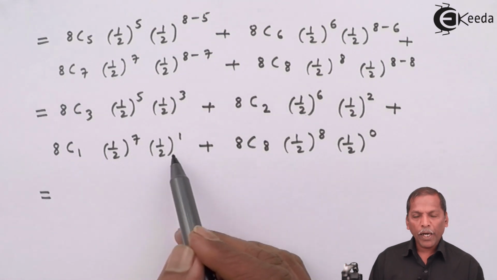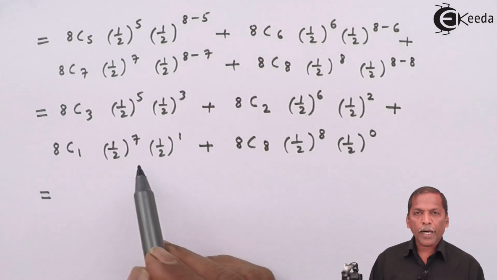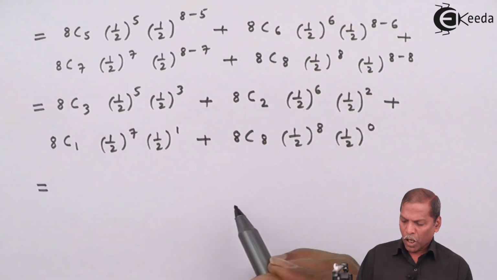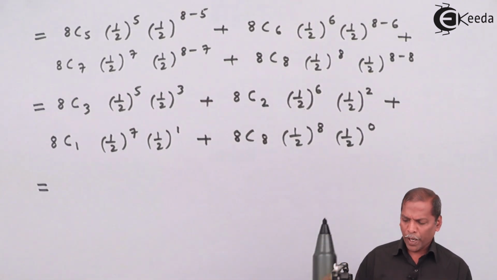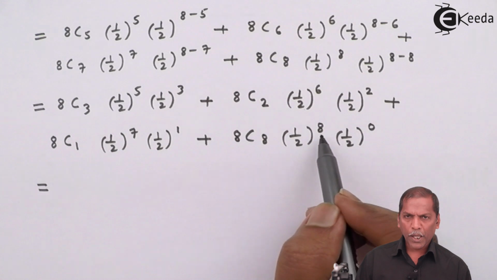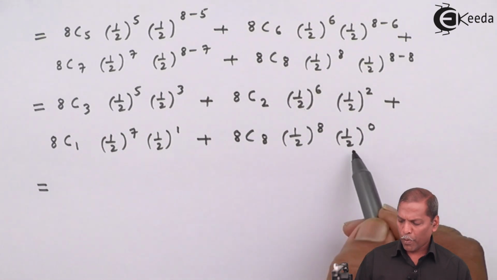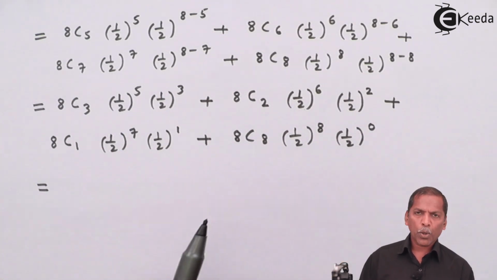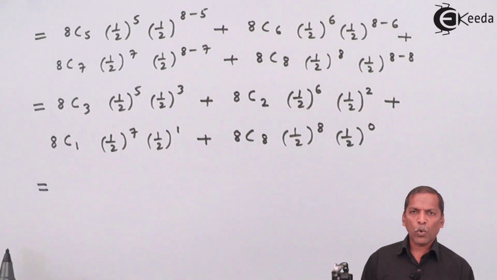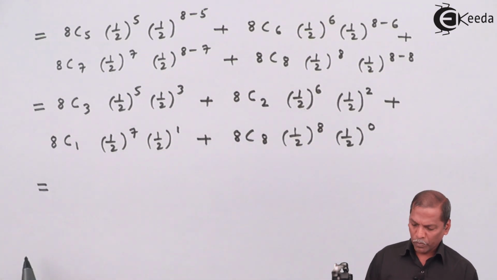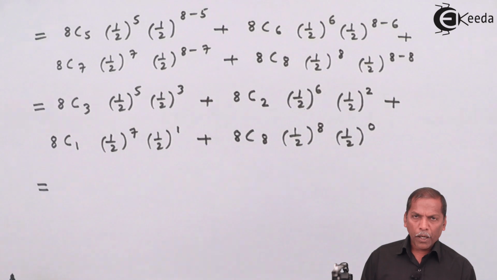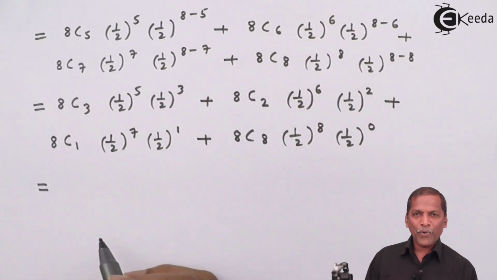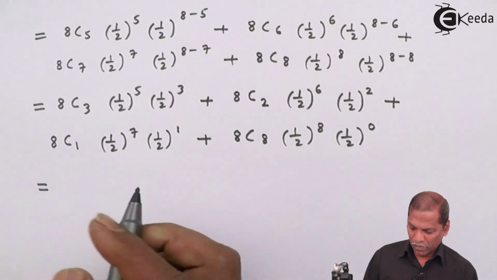So here again we get (1/2)^8. Now in the last case also we have (1/2)^8 into (1/2)^0. So that gives (1/2)^8. So it means here we take (1/2)^8 common.